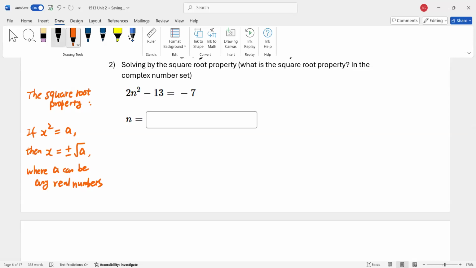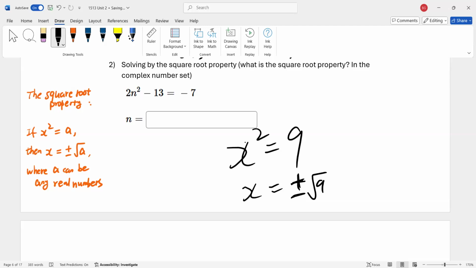For example, if we know x squared equals 9, then by using the square root property, we have x equals plus minus, do not forget that, plus minus root 9. And we know root 9 is 3, right? So the two solutions are plus minus 3, positive 3 and negative 3. What if we have x squared equals 0?